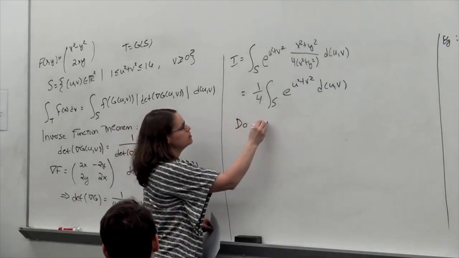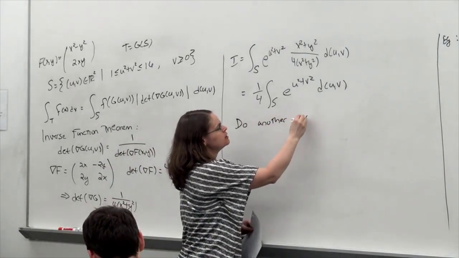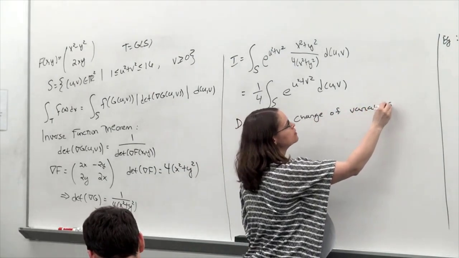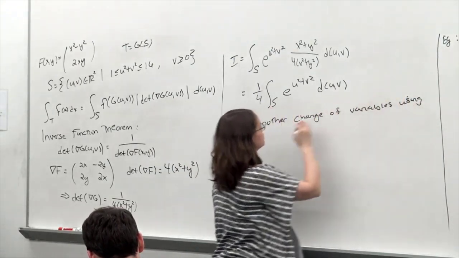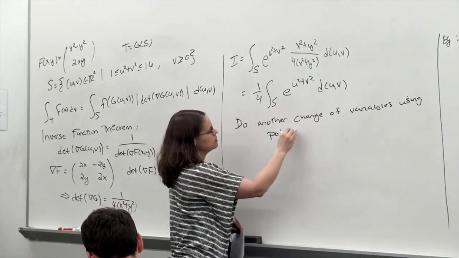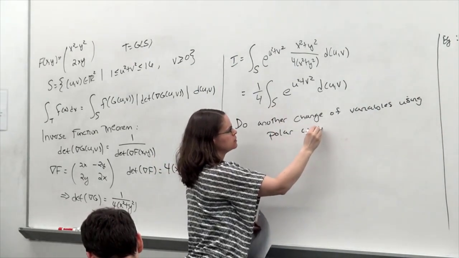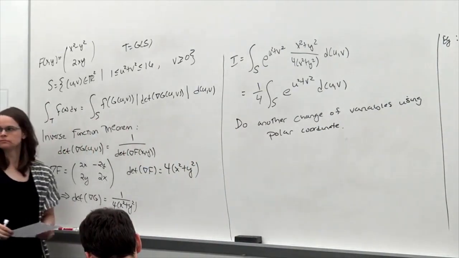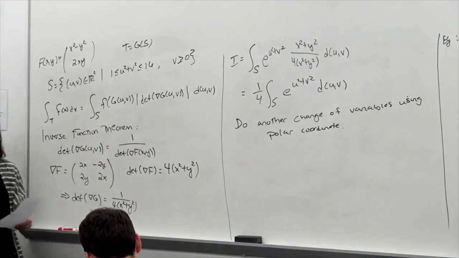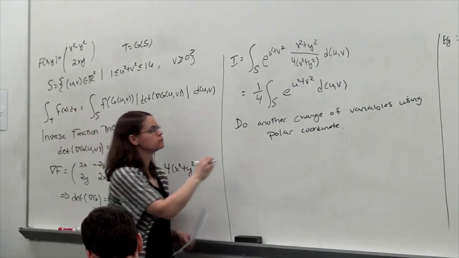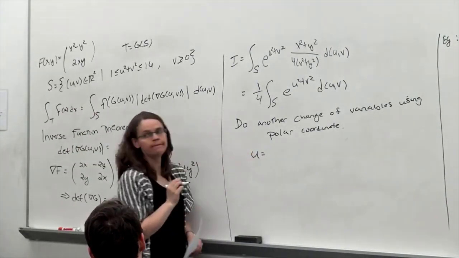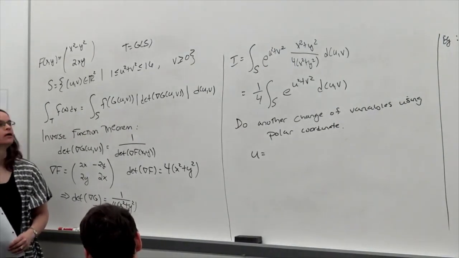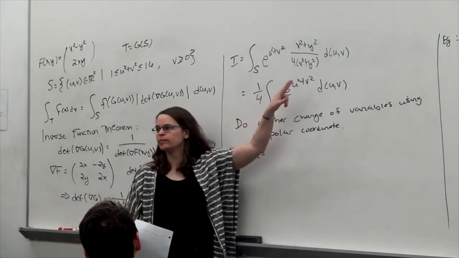So let's do another change of variables using polar coordinates. This time I'm going to naturally substitute for u and v, the things that appear in the integral.